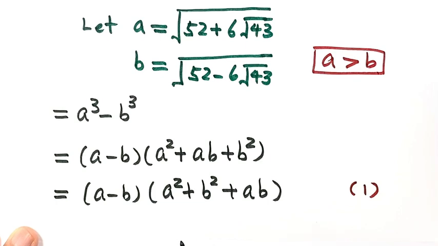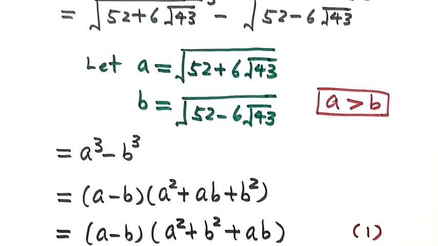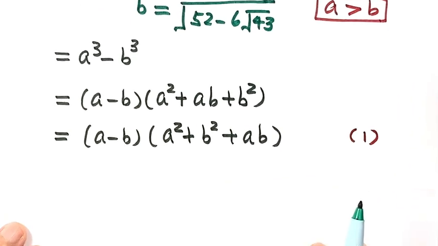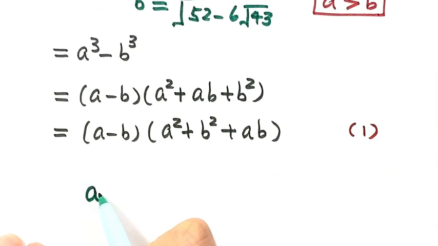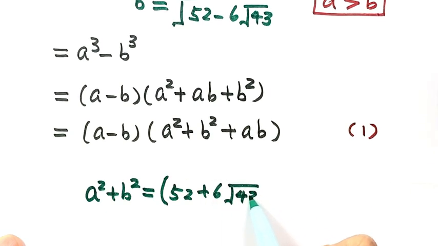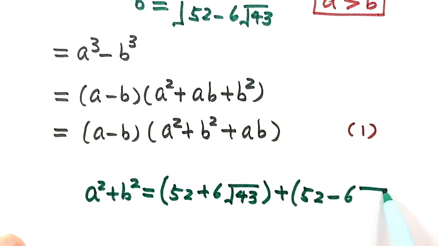We're going to label this one as expression 1. Okay, so now first we want to figure out what is a squared plus b squared. So this is a squared, then square and square root cancel out. b squared, then square and square root cancel out. So here just a squared plus b squared, then just 52 plus 6 square root 43, this first one, then second one, 52 minus 6 square root 43.